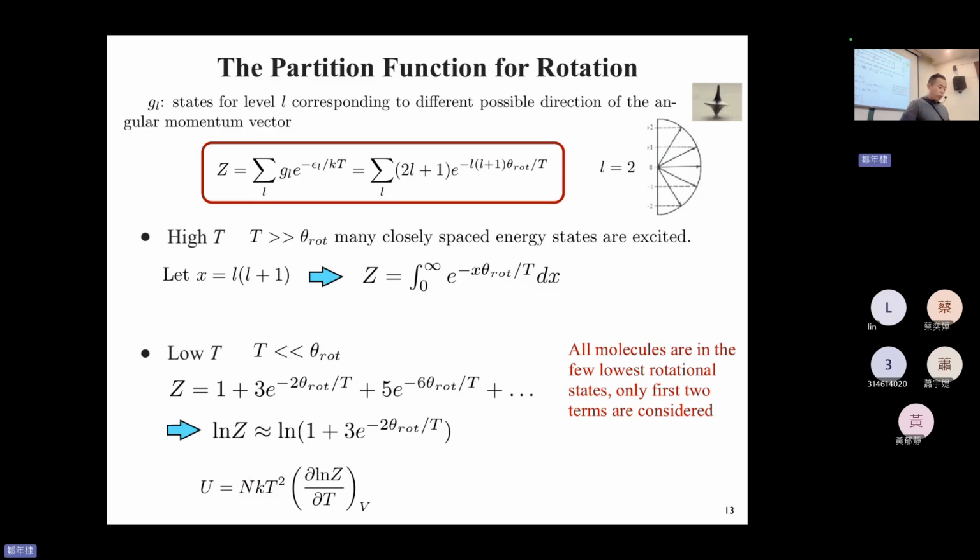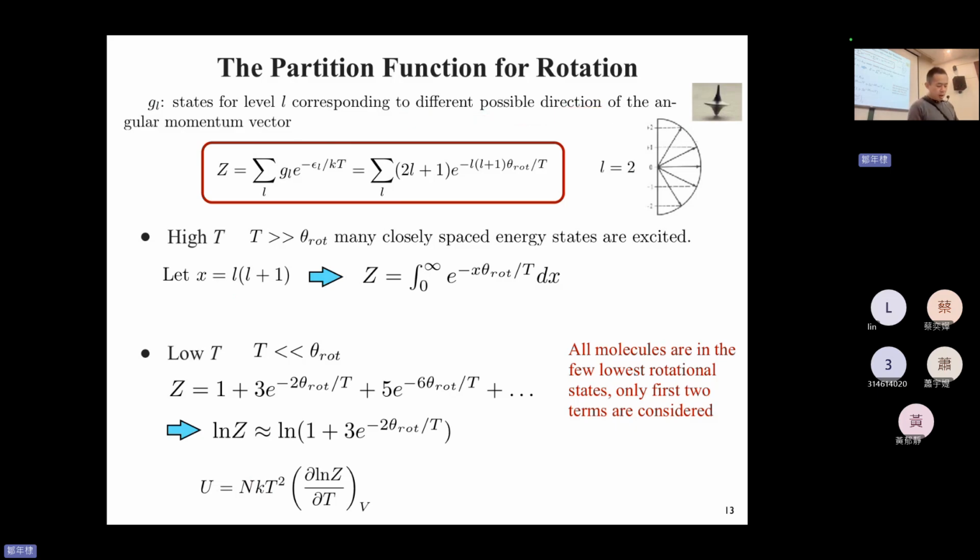After we have done the quantum energy level expression, we are going to get G. G is degeneracy, right? The degeneracy GL is the number of states for energy level L corresponding to different possible directions of the angular momentum vector.